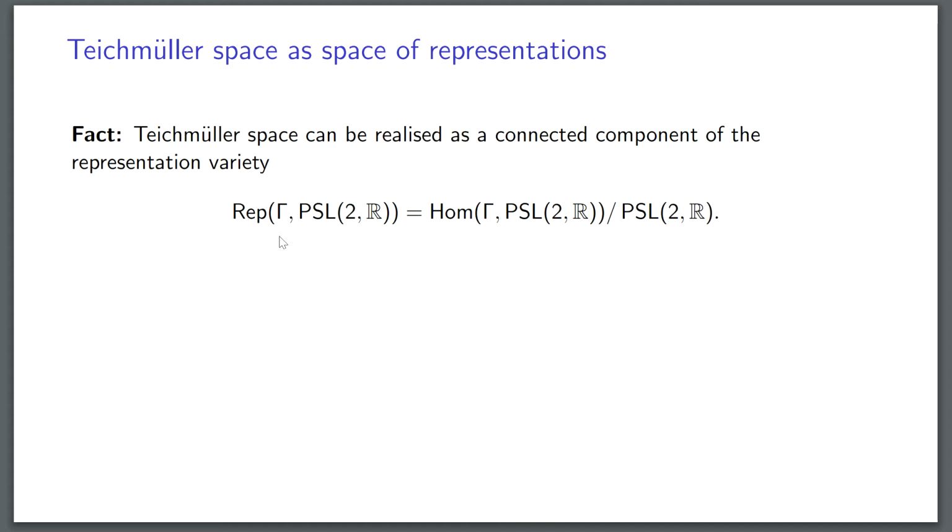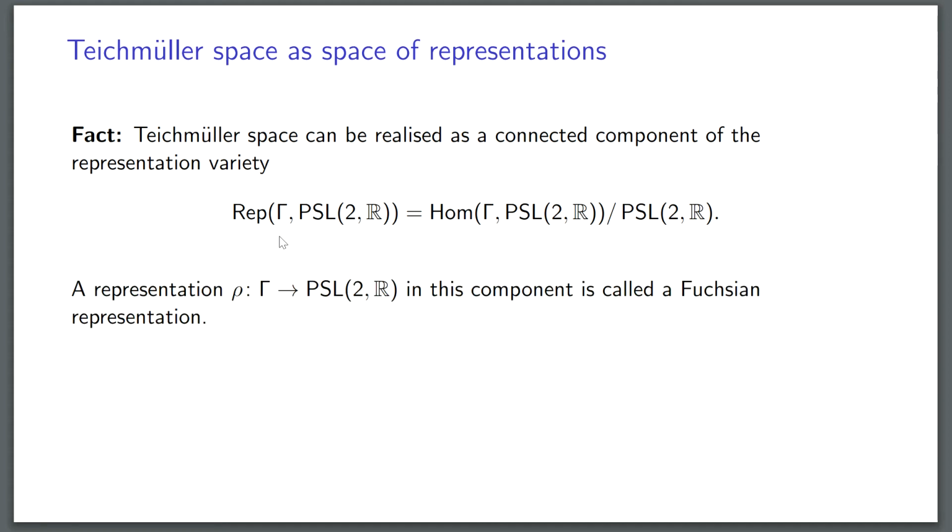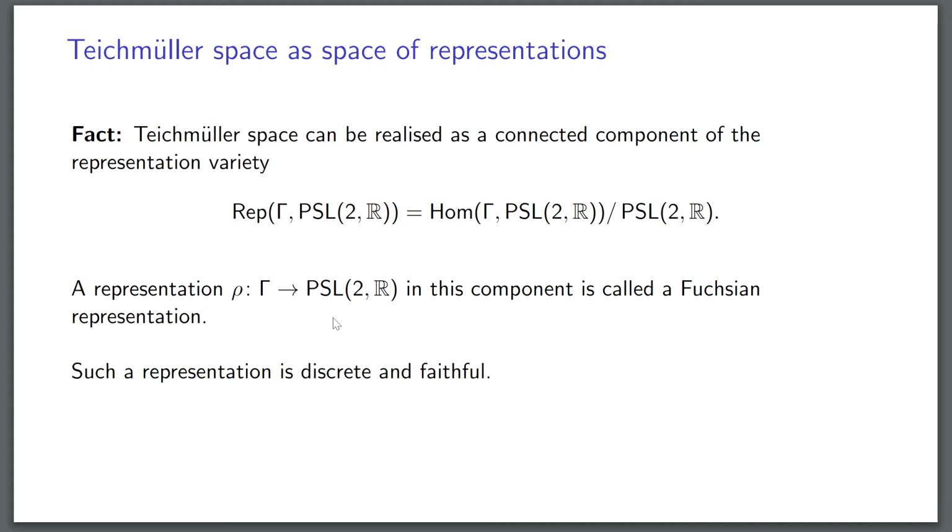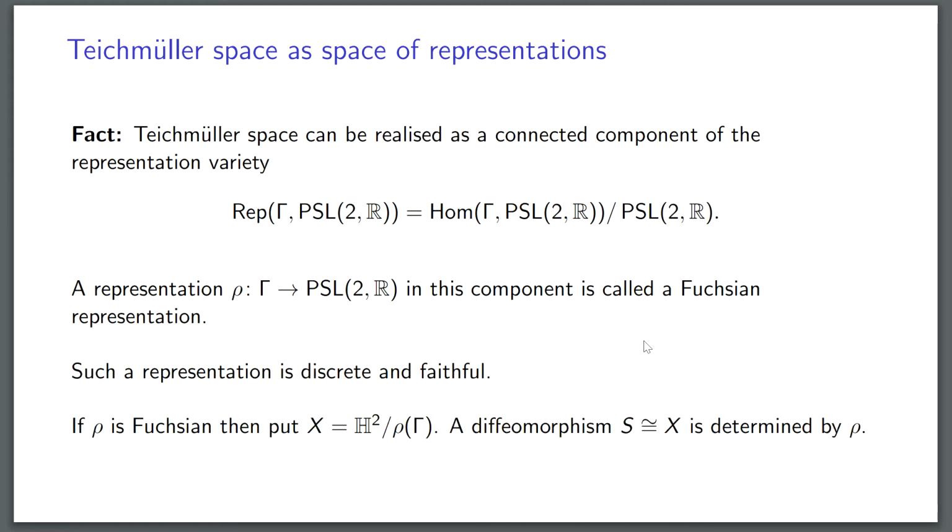Let's very briefly state how this is done. A representation which lies in this particular component is called a Fuchsian representation. It turns out that such representations are discrete and faithful, and what we then note is that PSL2R acts by isometries on the hyperbolic plane, and hence, given a Fuchsian representation, we can consider the quotient of the hyperbolic plane by the image of our representation.